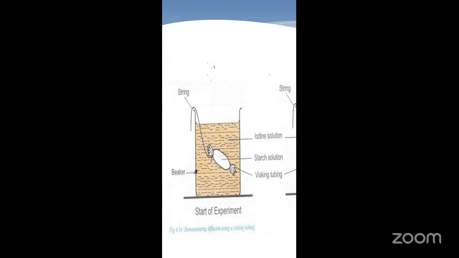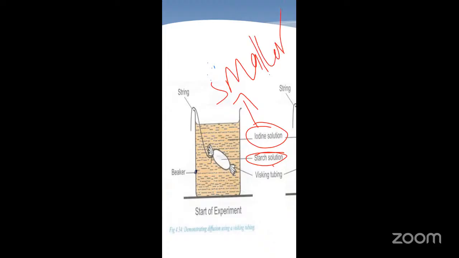Let me correct that. That was wrong. Comparing the iodine molecules and the starch molecules, iodine molecules are smaller. They are smaller compared to the starch molecules.